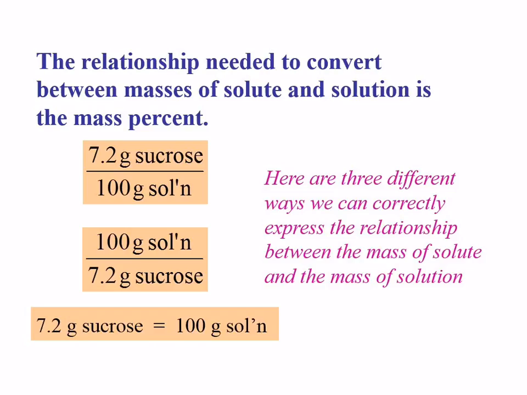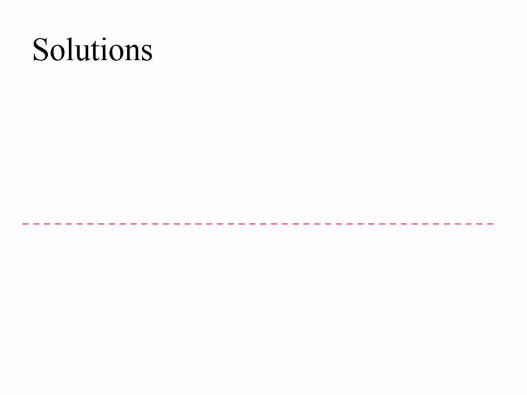I call it doodling, kind of like pulling this number out, and it makes me feel empowered to work the problem. So for the first one, I'm going from grams of solution to grams of sucrose. So I'm going to start with the 65 grams of solution over 1. I want units of grams of solution to cancel.